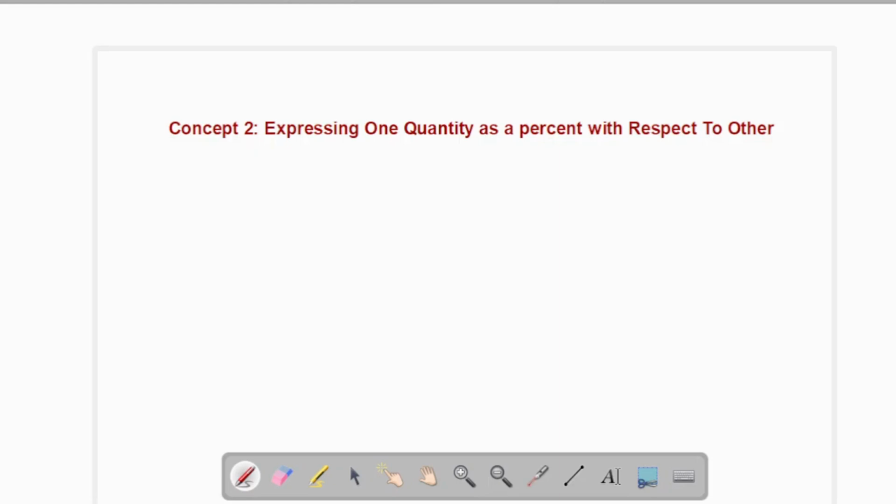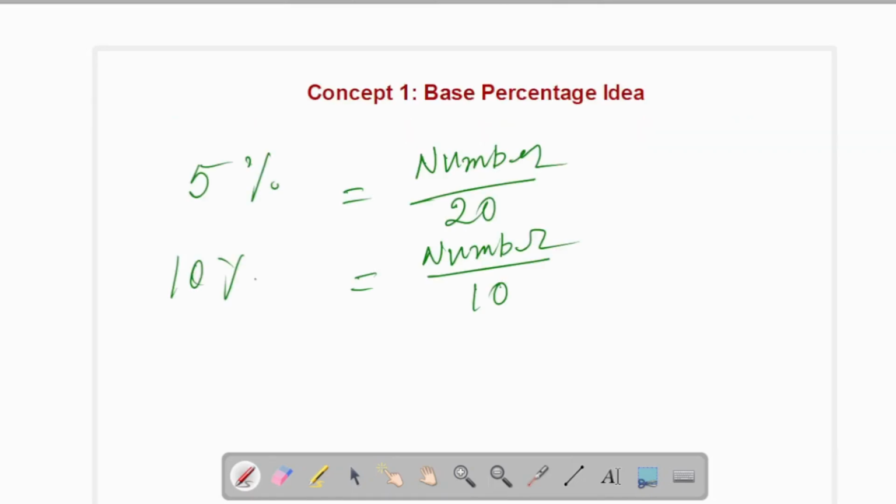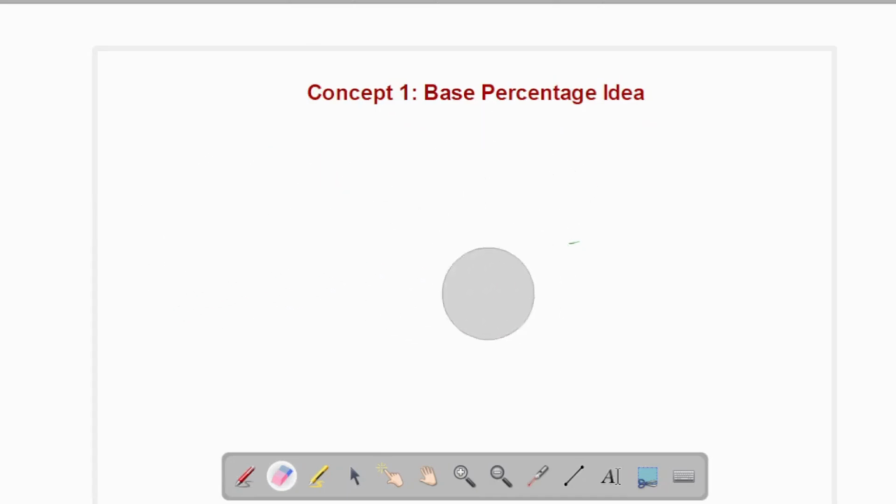Now, as a trick, I can show you the base percentage idea. Remember some of the percentages in terms of fractions.